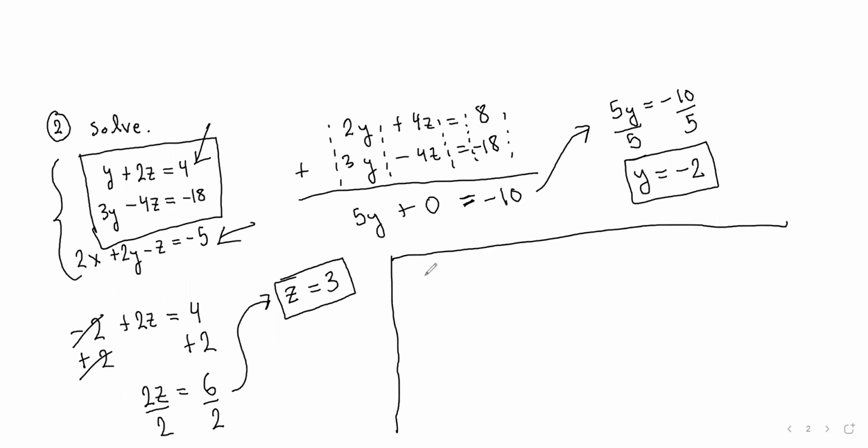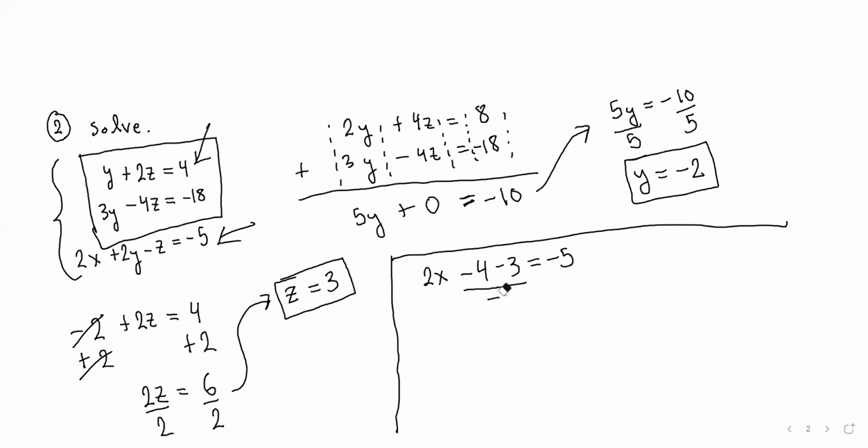So we get 2x plus 2y is plus 2 times minus 2. 2 times minus 2 is a negative 4, so that's the same as taking minus 4. Minus z becomes minus 3. And this is equal to negative 5. So the minus 4 minus 3 is the same as a negative 7.